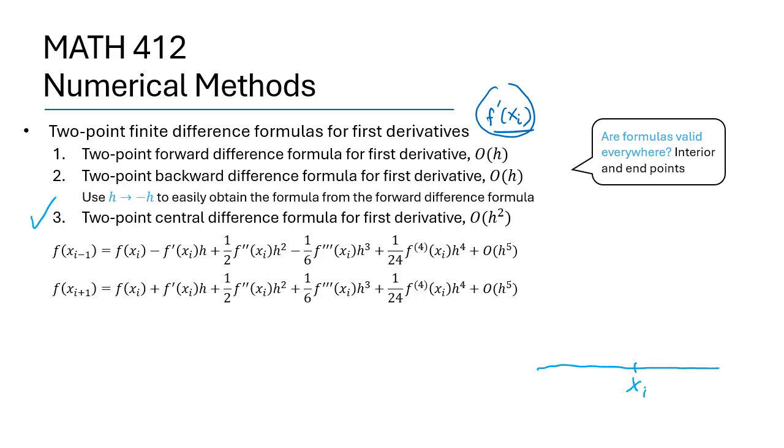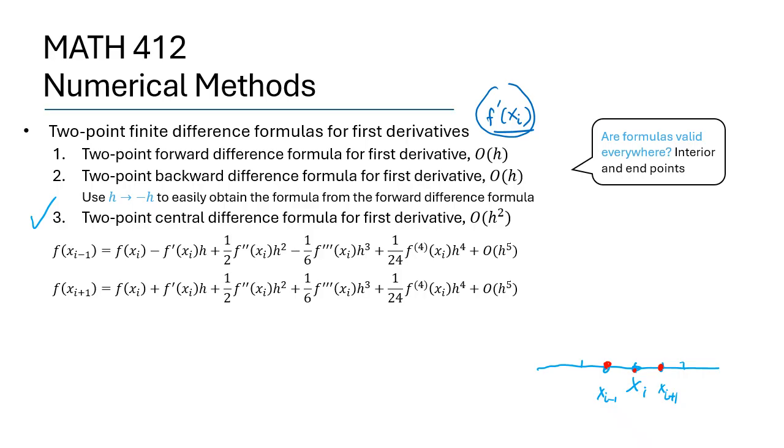Therefore, you cannot use xi minus 1 and xi; that's not central. You use xi minus 1 and xi plus 1, this point and this point. Actually, it's a 3-point central formula, but this point's coefficient, as you'll see later, is 0.